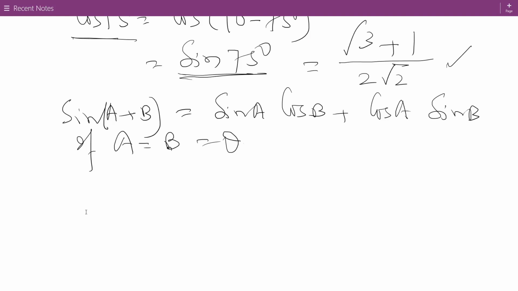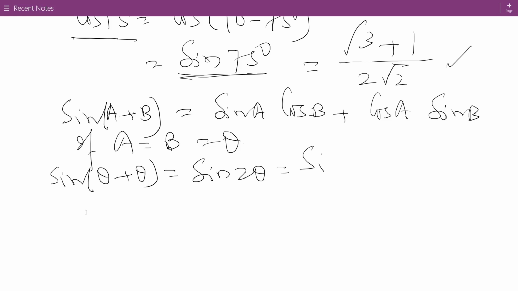Just you replace the value of A and B. Sin theta plus theta, this is sin 2 theta.